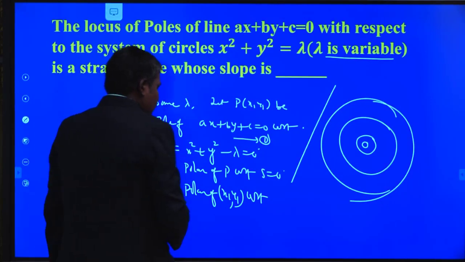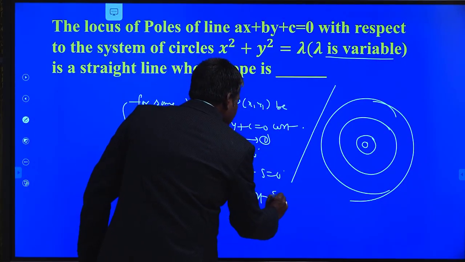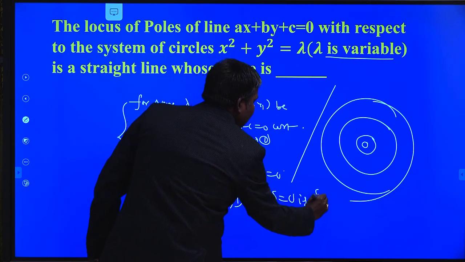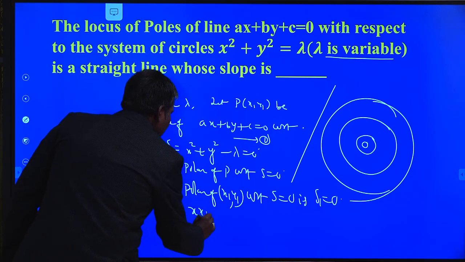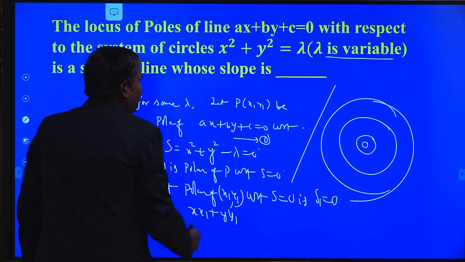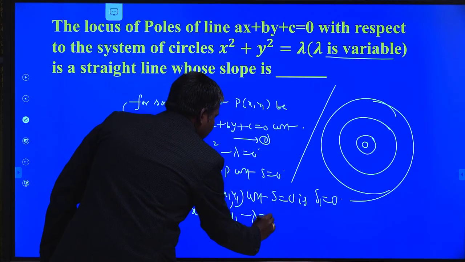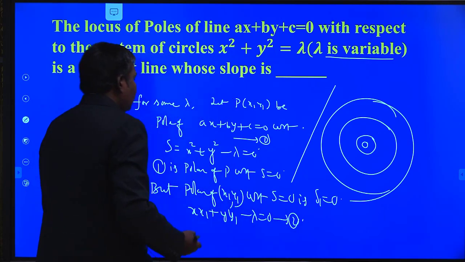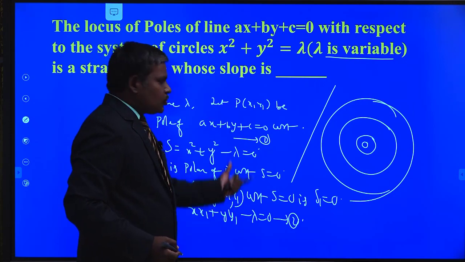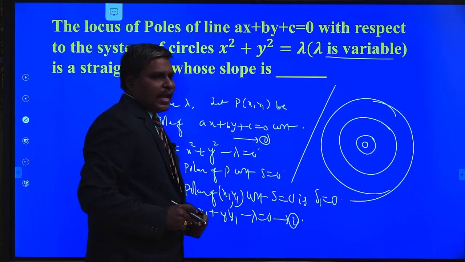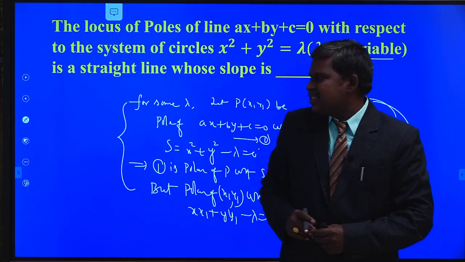The polar of (x1, y1) with respect to S = 0 is S1 = 0. What is my S1? x x1 + y y1 - λ = 0. This is equation number 2. This is the obtained polar, this is the given polar. So these two equations represent the same line.